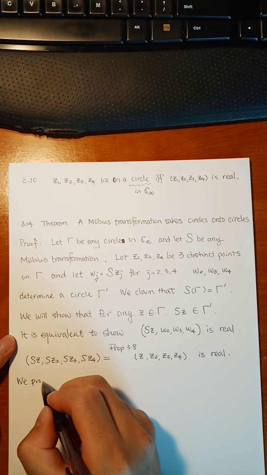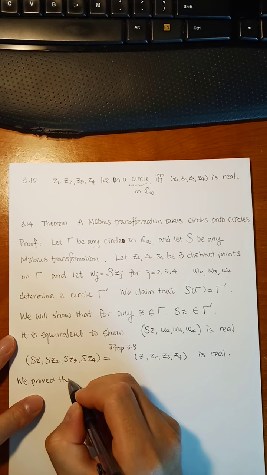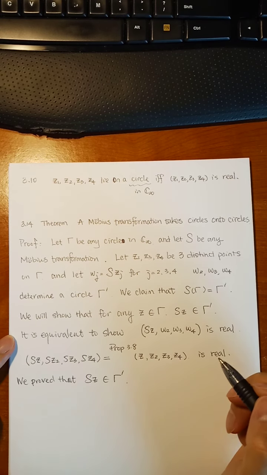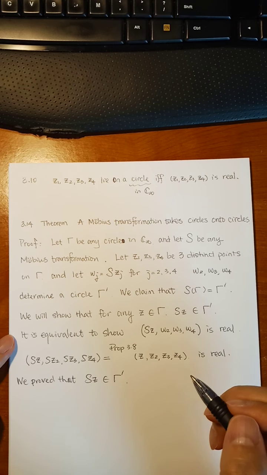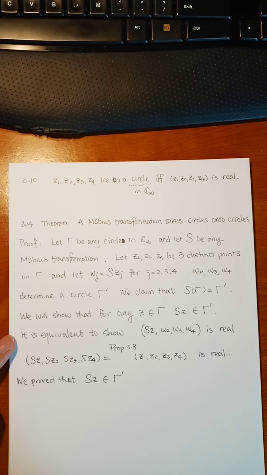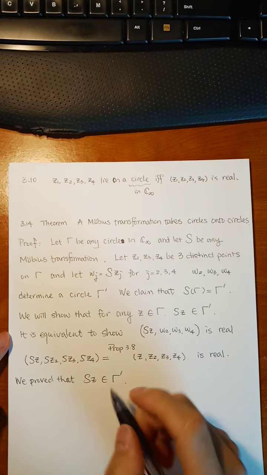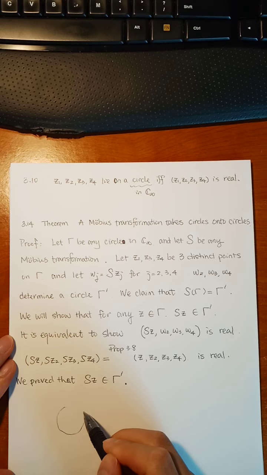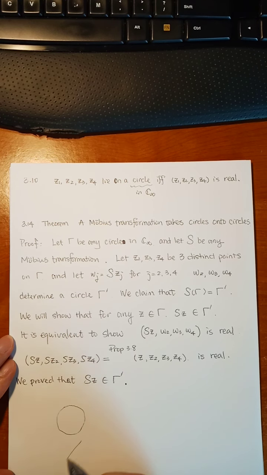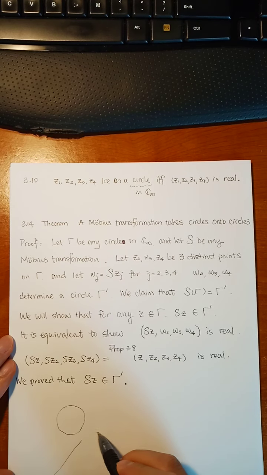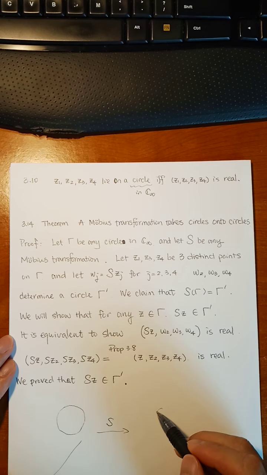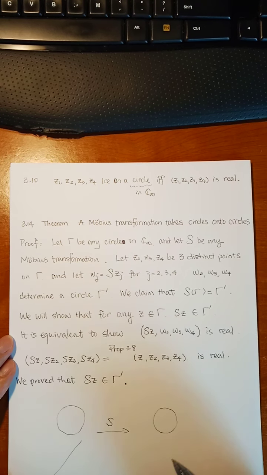We proved that S of z belongs to gamma prime, right? Okay, so that is the theorem. The theorem says if we have a circle or straight line, two cases, and then we have a Mobius transformation S, then we still have a circle or straight line.